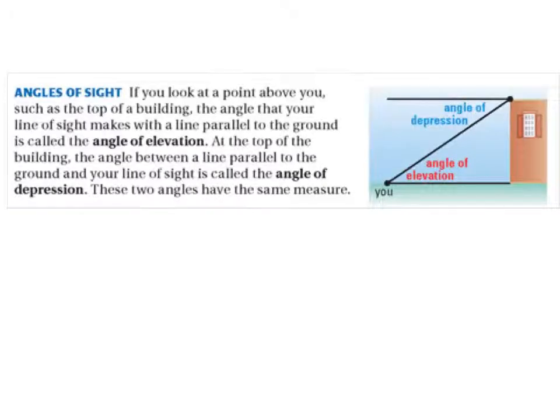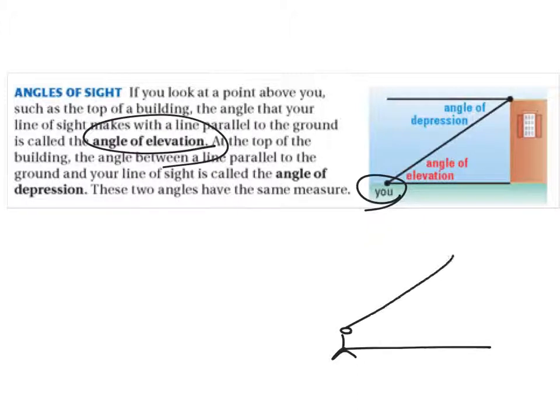Angles of sight. Okay, angles of sight means really like you seeing something. If you look at a point above you, so if you're standing here, you look at a point above you, the angle that your line of sight makes with the line parallel to the ground is the angle of elevation. So you think if you're standing here on the ground and you look up to the top of a tree, okay, this angle is the angle of elevation.